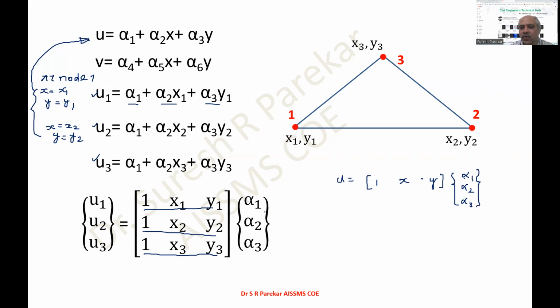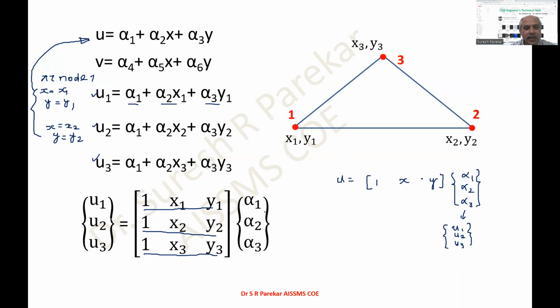Now I have to replace alpha 1, alpha 2, alpha 3 by u1, u2, u3, because our shape function is the function which will give us displacement at any point by using displacement at nodal points. Therefore we have to replace these by u1, u2, u3.